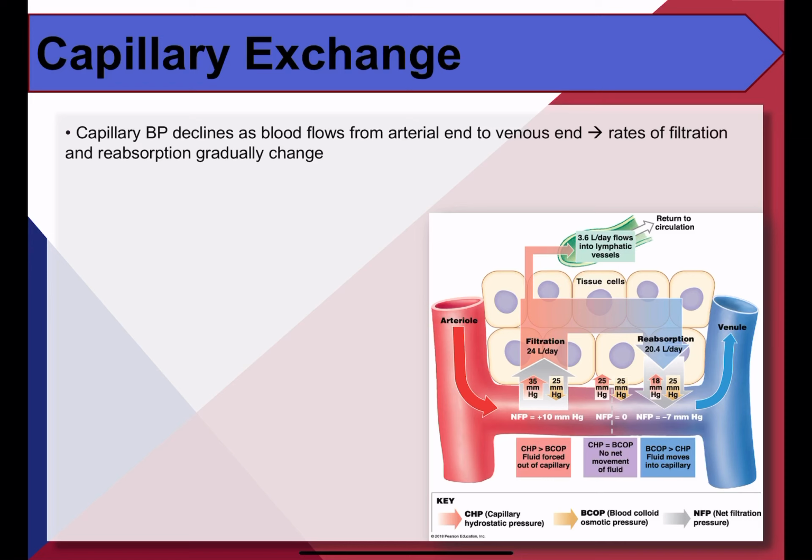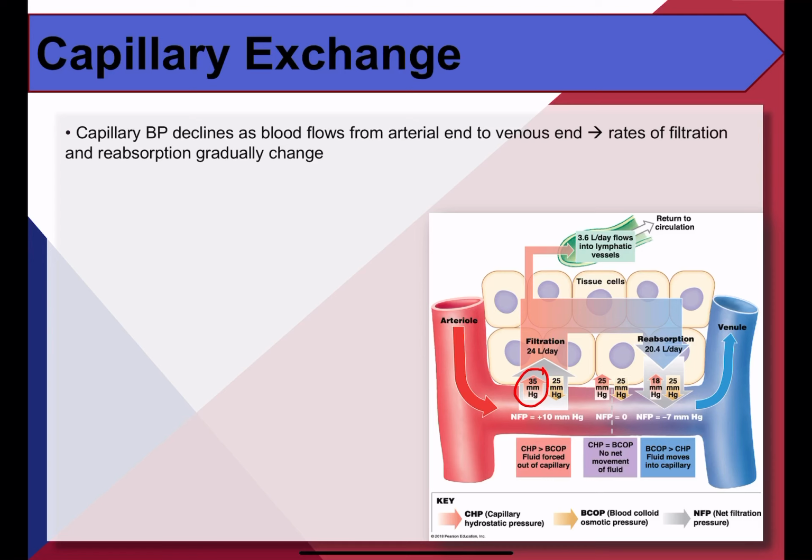Okay. So how does blood going through capillaries know when to complete filtration and when to complete reabsorption? This all has to do with the different pressures along the capillary. We already mentioned that at the arterial end of capillaries, the starting pressure should be about 35 mmHg, as you can see in this image.